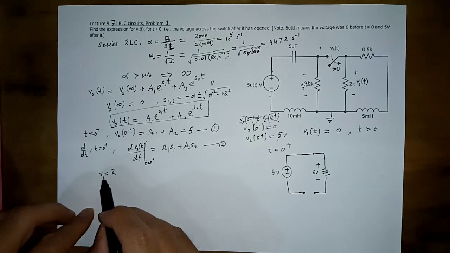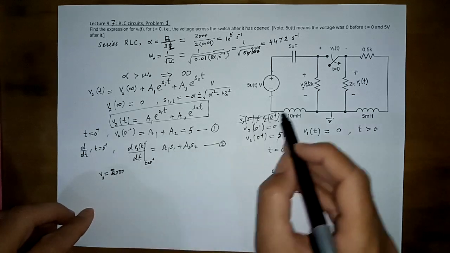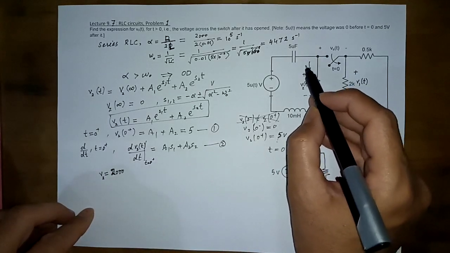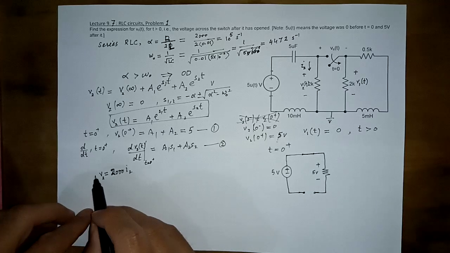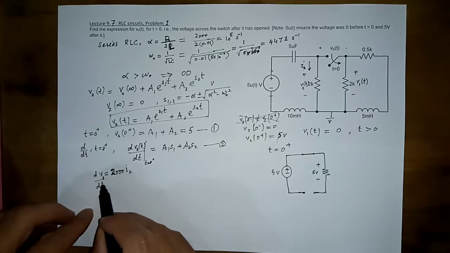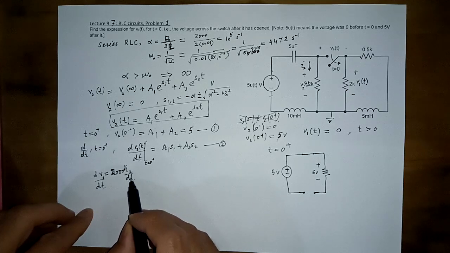So in this case, V2 is equal to R, that is 2000, times I, and according to the passive sign convention, let us call this I2. So what will be dV2/dt? That would be 2000 di2/dt.